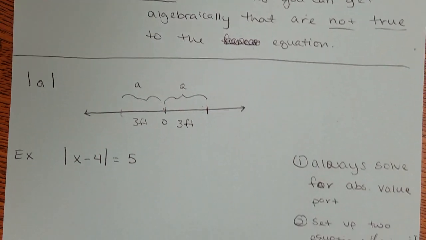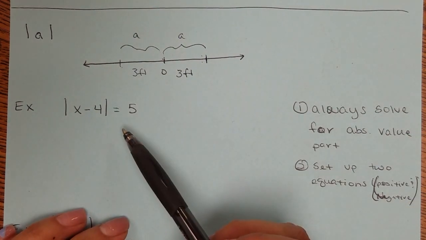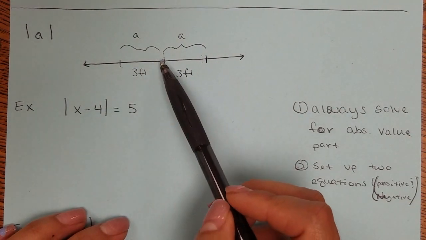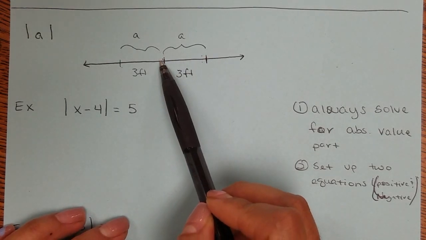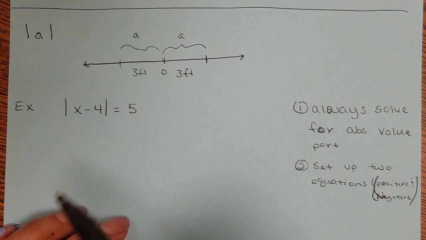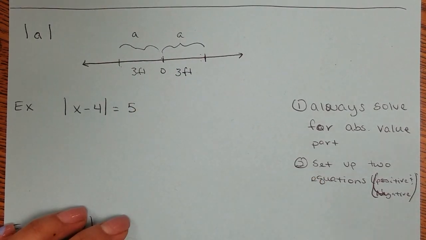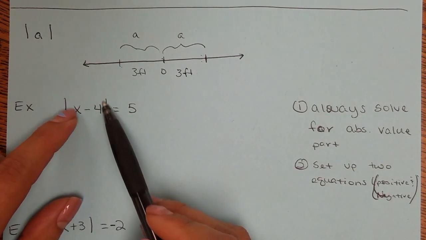So when we're dealing with that and solving actual equations, you're going to have two scenarios. One is going to be to the right of 0, and one is going to be to the left of 0. So we're going to have two equations that we're going to have to solve always. When you're solving absolute value equations, the first thing you want to do is solve for what's up until the absolute value line.